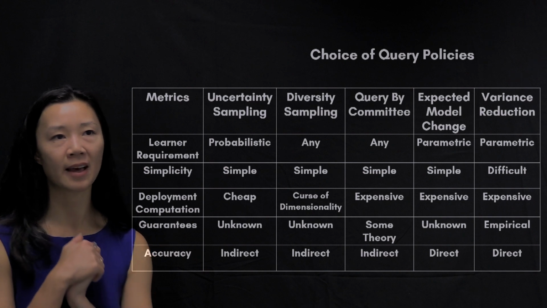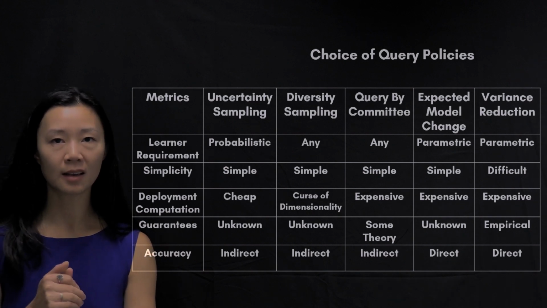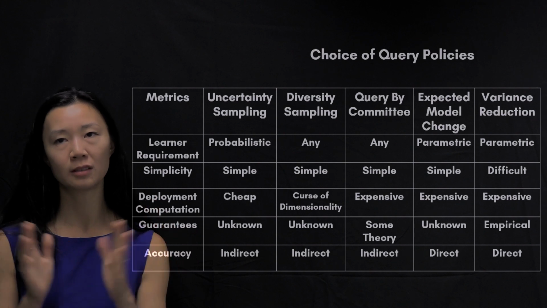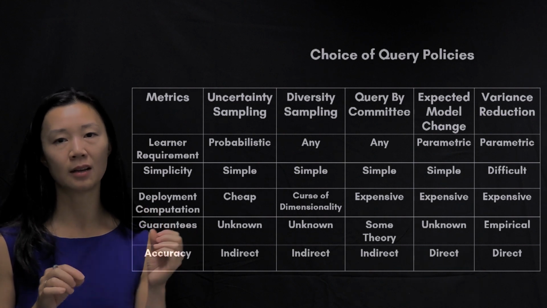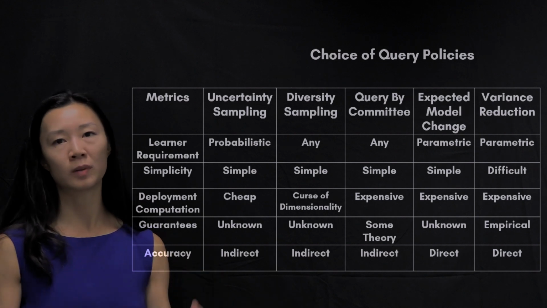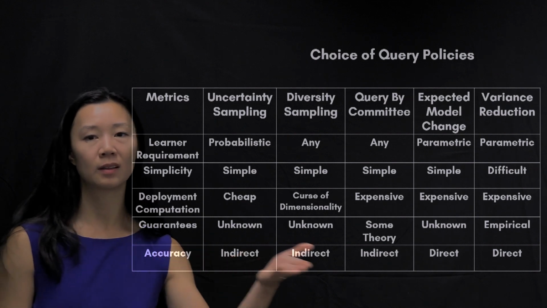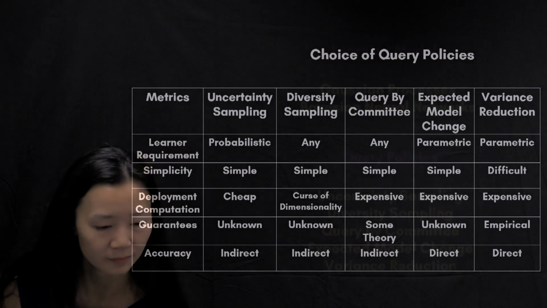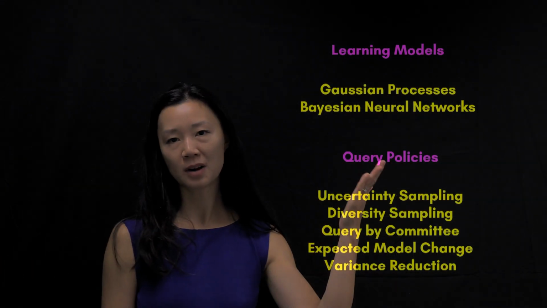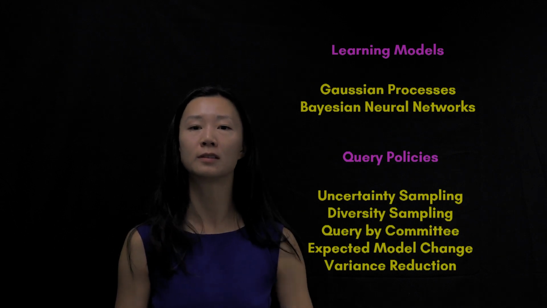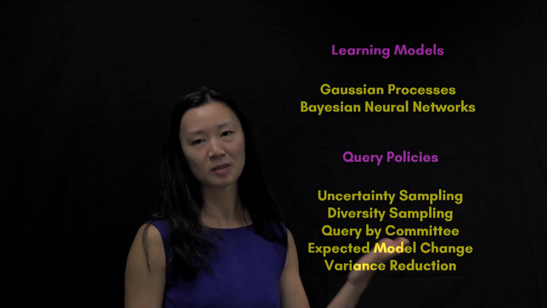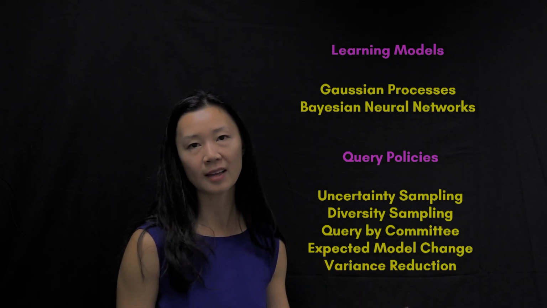The reason being that they don't directly optimize for accuracy in the optimization equation, but implicit in variance is then the subsequent improvement on accuracy. So let's evaluate as indirect. Just as a reminder, we talked about Gaussian processes and Bayesian neural networks as learners, and uncertainty sampling, diversity sampling, query by committee, expected model change, and variance reduction as query policies.